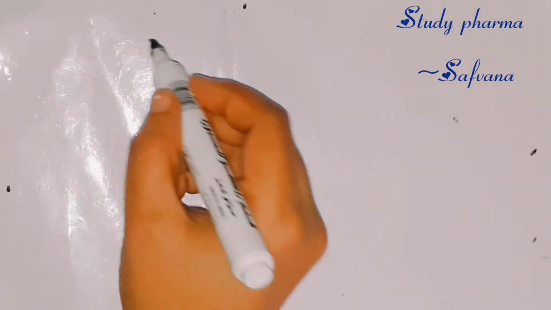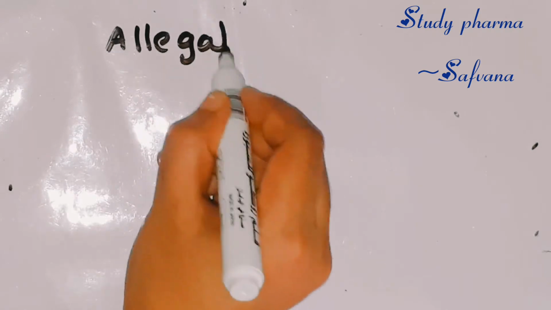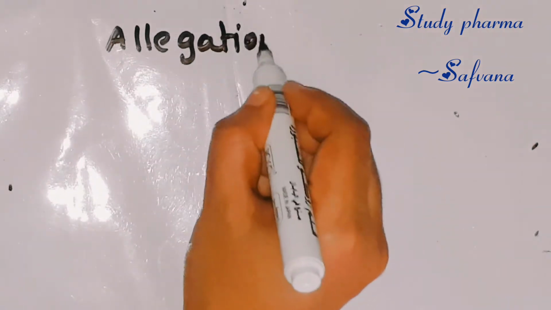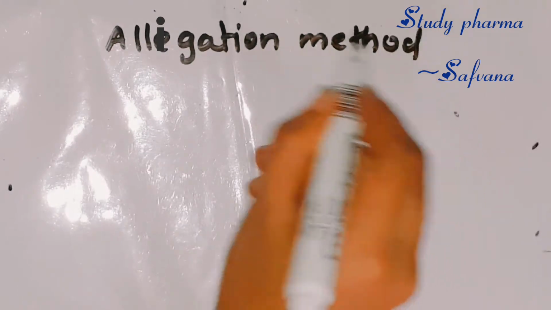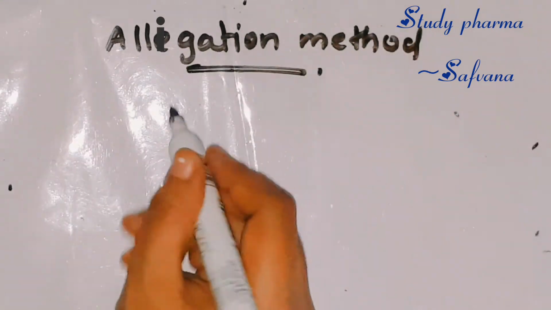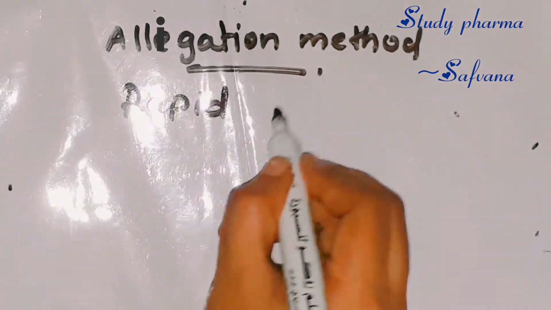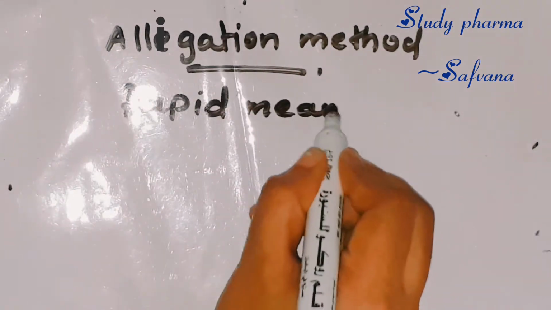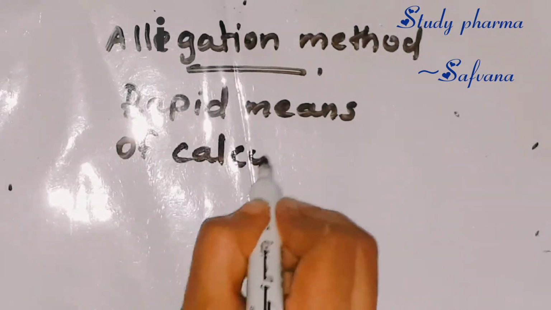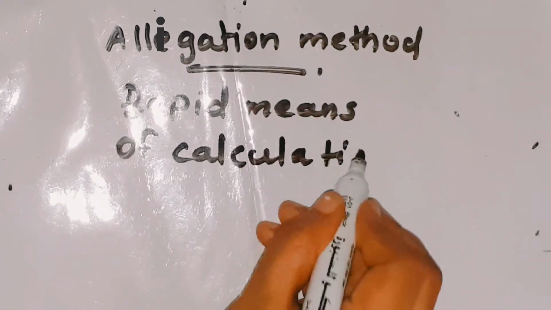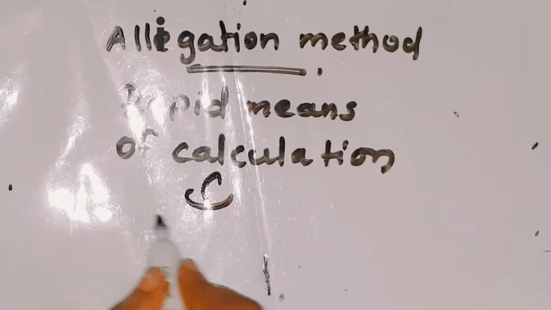In this video, we'll be discussing the alligation method, which is a part of pharmaceutical calculations. It is a rapid means of calculation when a preparation of intermediate strength is desired by mixing two preparations of lower and higher strengths respectively.